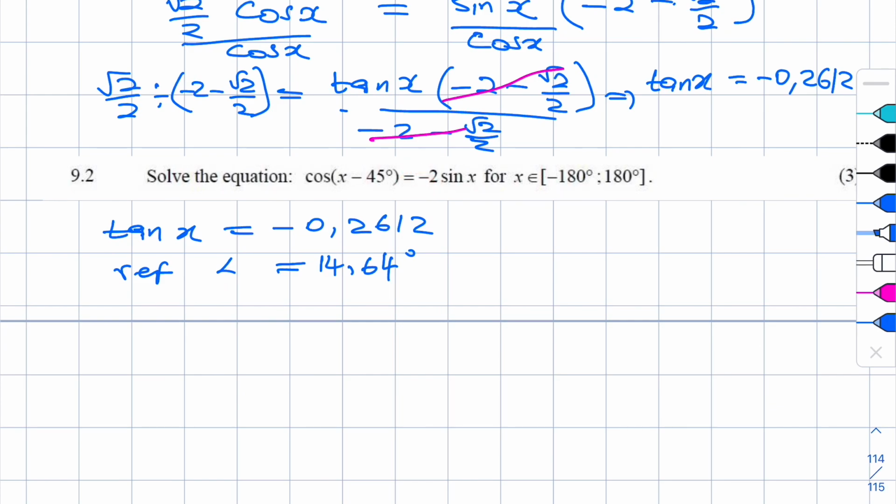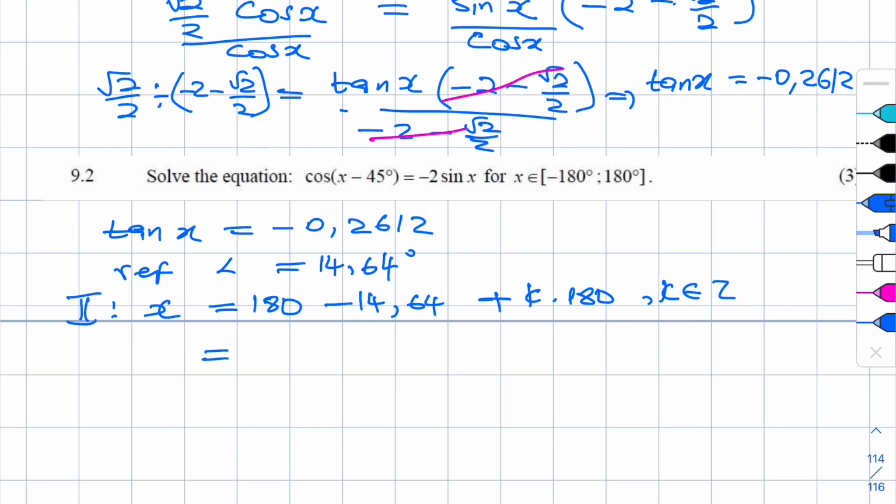We know that tan is positive in quadrant 1 and 3, but it's negative in quadrant number 2 and quadrant number 4. So for quadrant 2, I will say x is equal to 180 minus 14.64 plus k 180. Remember, for tan the period is 180.